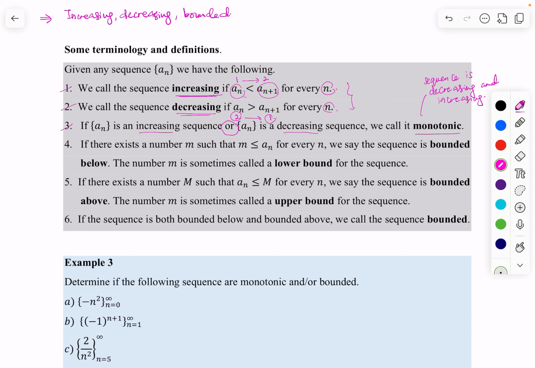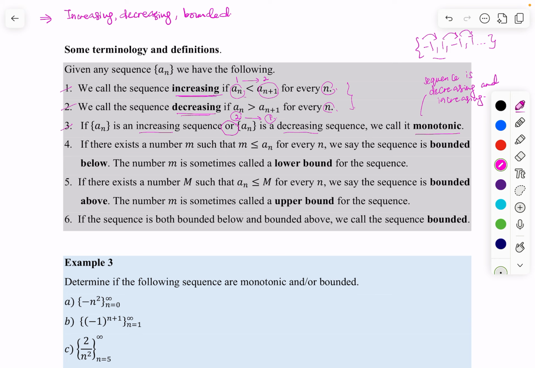Let's say, for example, you have an alternating sequence, where we have -1 and then it goes to 1, -1, 1 and so on. It is alternating from -1 to 1, you know it is increasing. 1 to -1, you know it is decreasing. -1 to 1, it goes again to increasing. So in this case, the sequence is both increasing and decreasing.